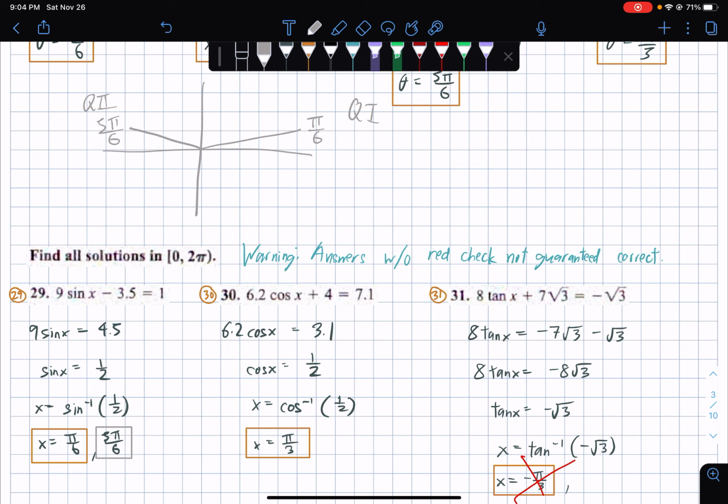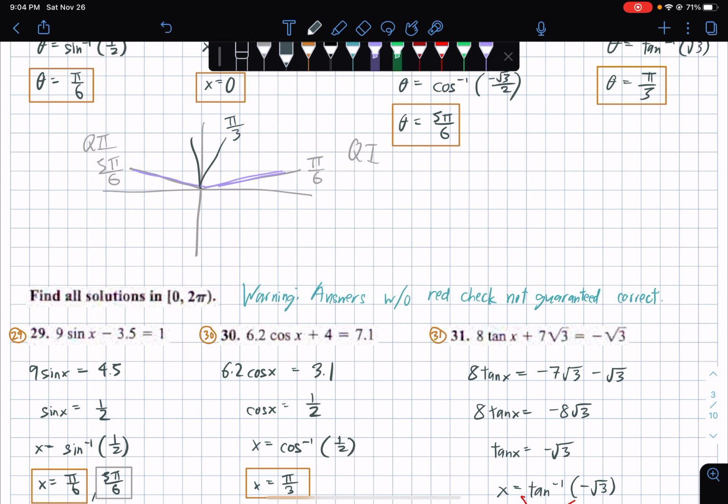And yeah, if you can observe, there is a specific pattern. For example, if your first solution is, say, pi over 3, then your other solution would be at the other side, the quadrant next to it, which would basically be 2 pi over 3.